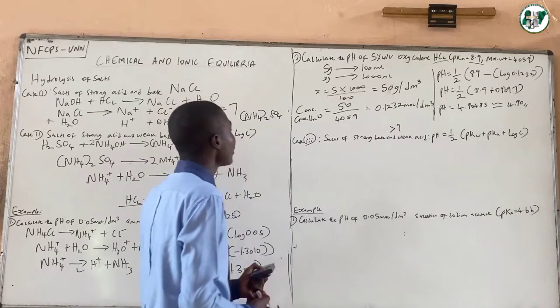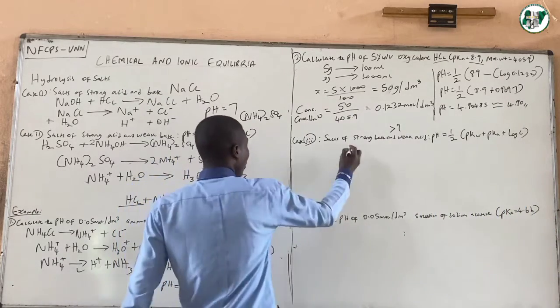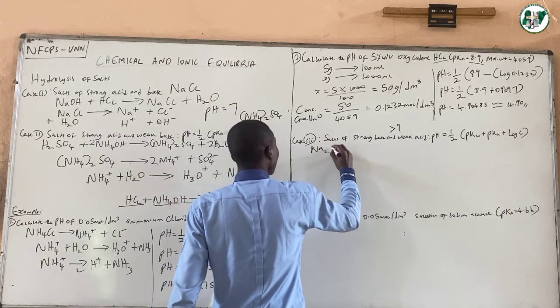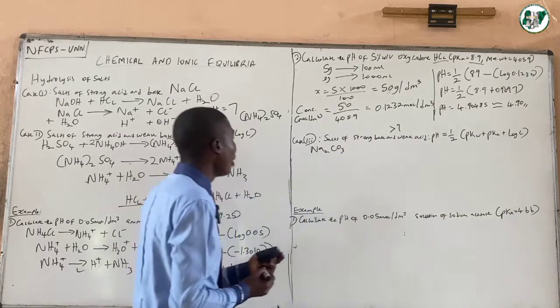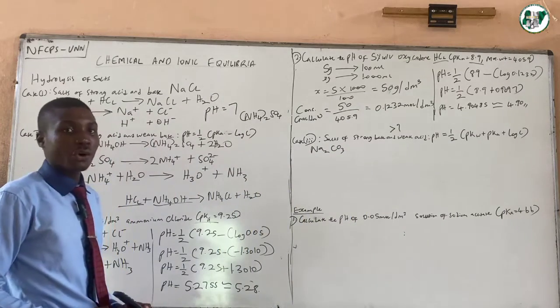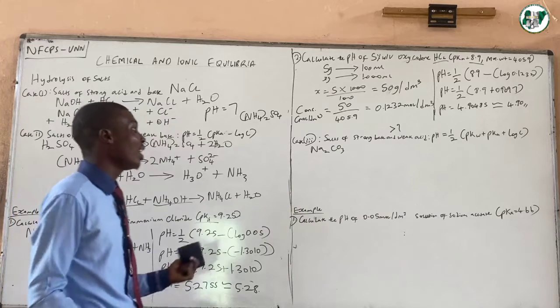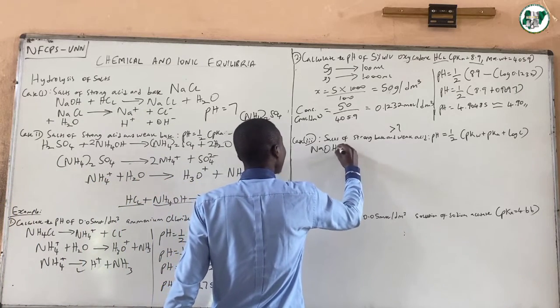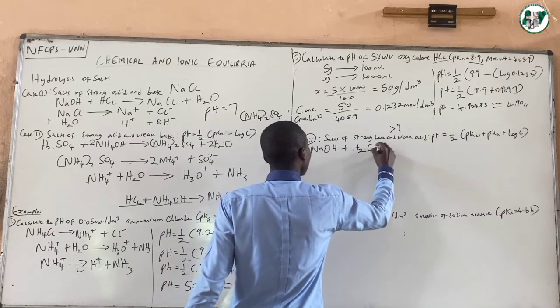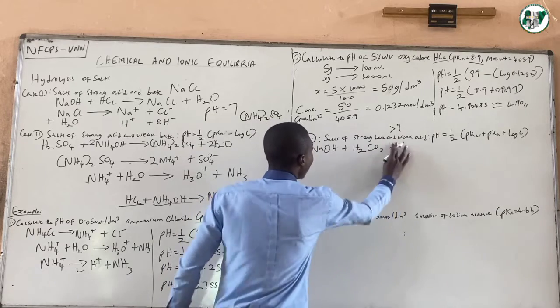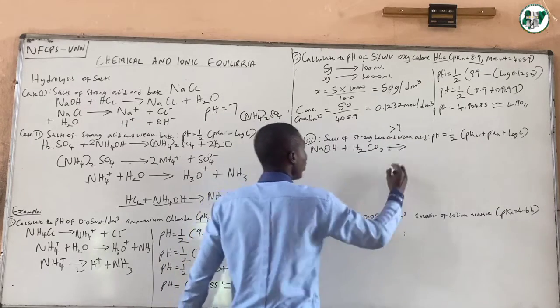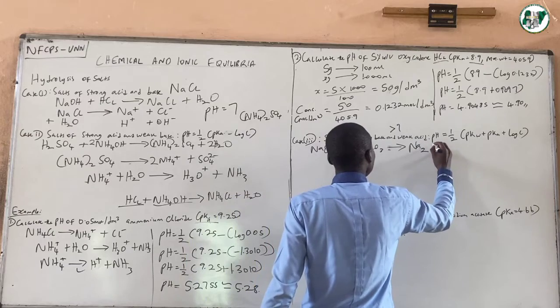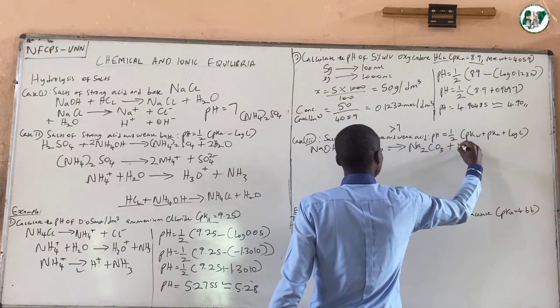The salt we're going to be using is Na2CO3. Now, Na2CO3 happens to be a salt that comes from NaOH plus H2CO3. So 2NaOH plus H2CO3 is going to give us Na2CO3 plus 2H2O.